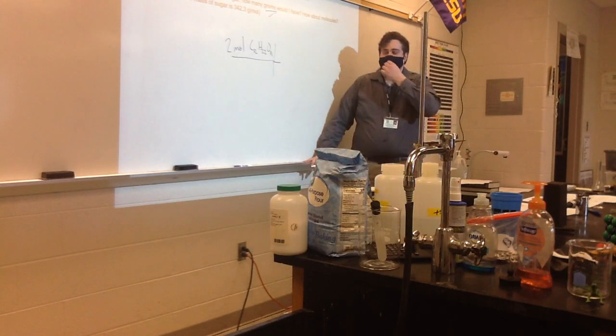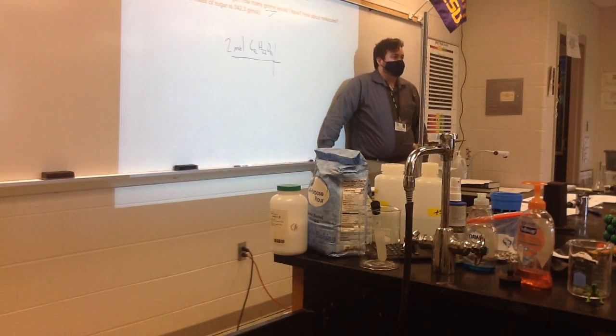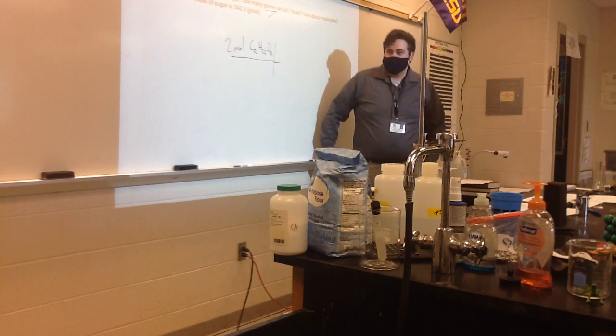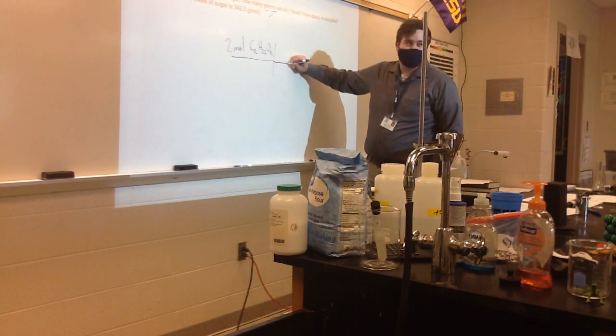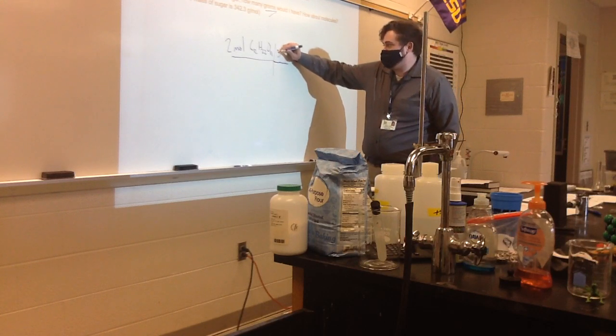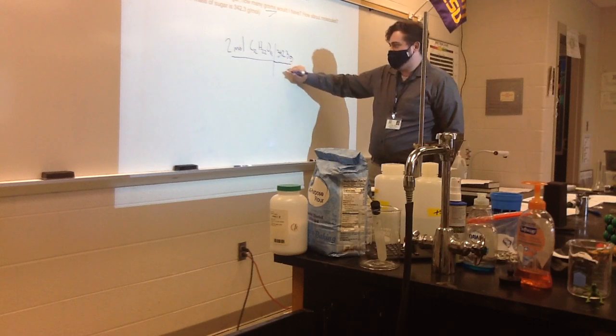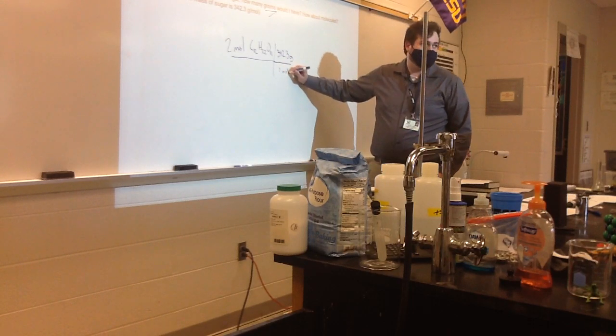What do we need to do next to this thing? Jackson, you were kind of on it earlier. What do you think? So you said put 342.3 grams on the top, and then 1 mole at the bottom? Yeah.